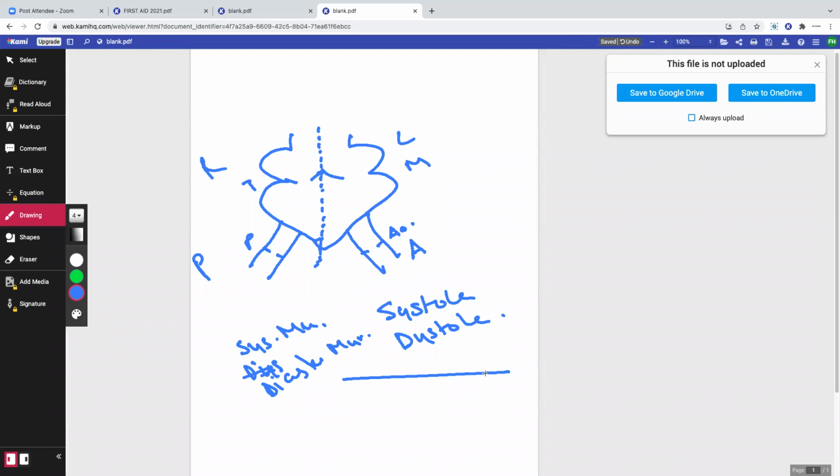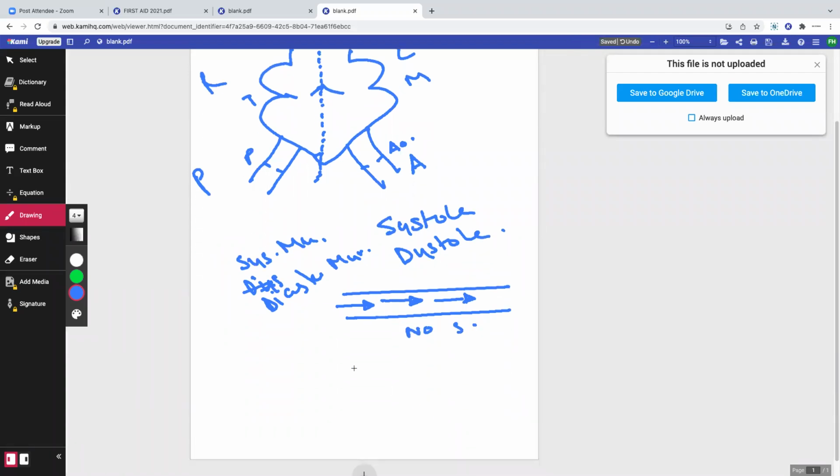Now, why do we hear a murmur? It's very easy to understand. If this is a blood vessel or a compartment, blood should always flow in a laminar direction like this. This is the optimum way that blood should flow. If blood flows like this, we hear no sound.